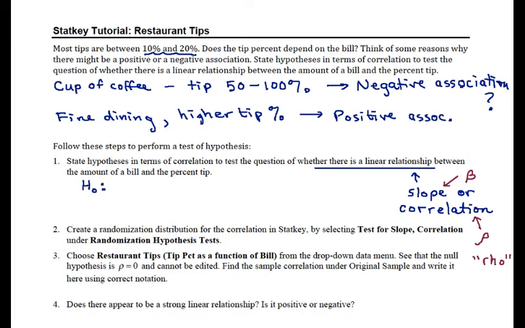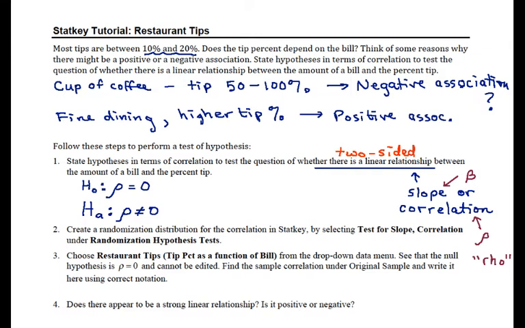So my null hypothesis is that rho is equal to 0. Note that this is not a p. We're not talking about a proportion. My alternative hypothesis is that this correlation rho is not equal to 0. It's a two-sided alternative hypothesis because we didn't specify whether we're interested in a positive linear relationship or a negative linear relationship.